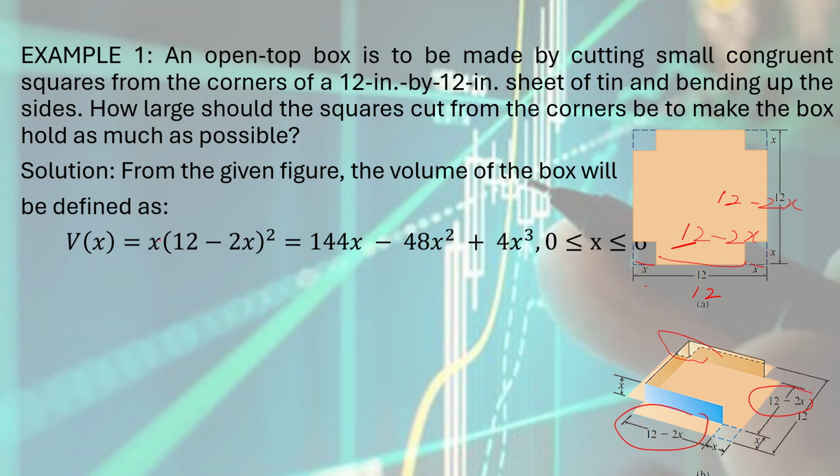So we know that the volume of a box can be defined as simply length times width times height. In this case, the length and width both are 12 minus 2x, so you'll be having (12 minus 2x) squared, because we are multiplying it two times, times x.